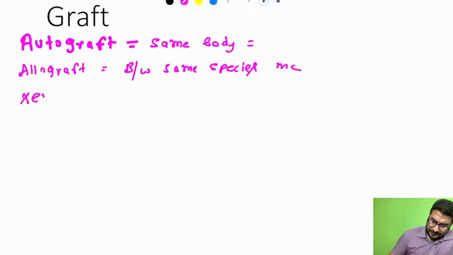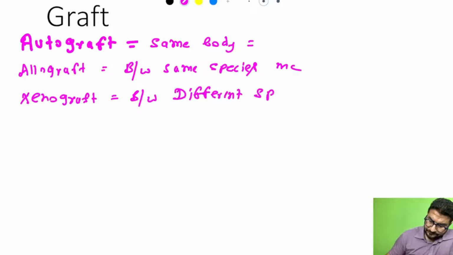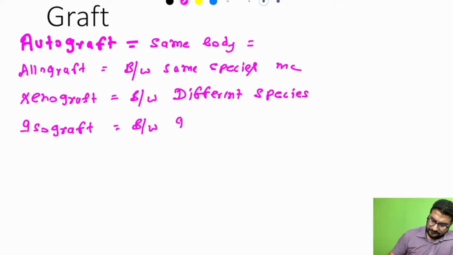Then we have xenograft, which is between different species. Then we have isograft, which is between identical twins.